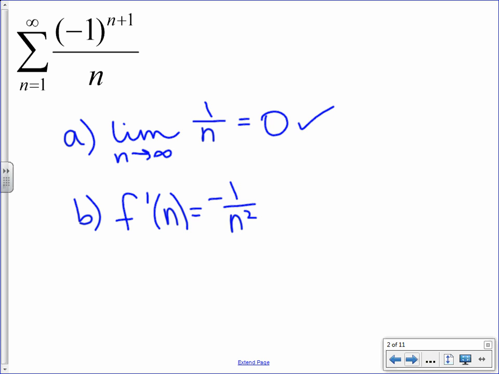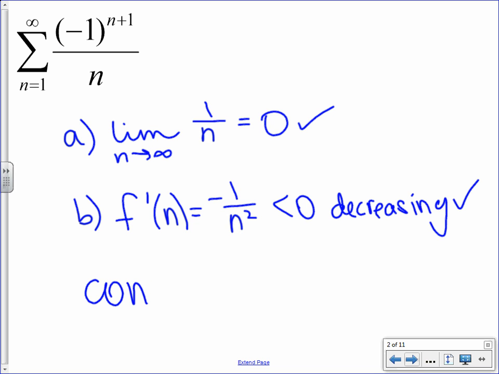So for n equals 1 or greater, this is less than 0, which means we are decreasing, which means we're good. Therefore, this converges by the alternating series test.